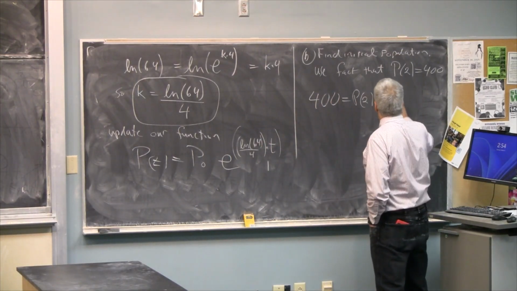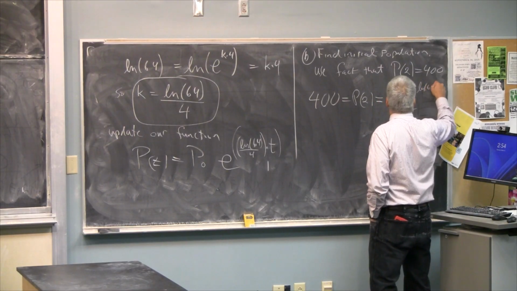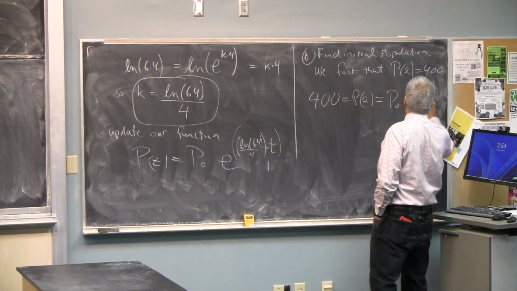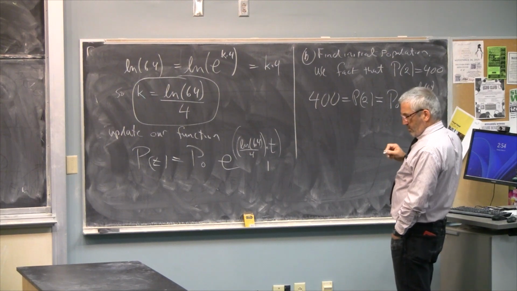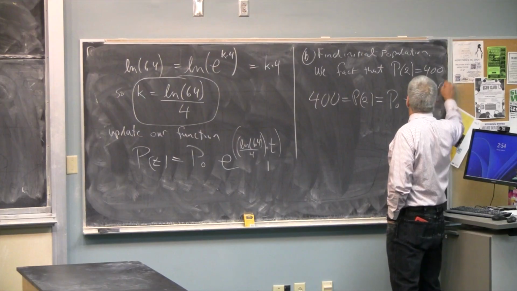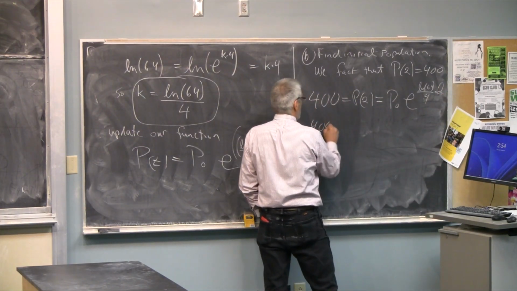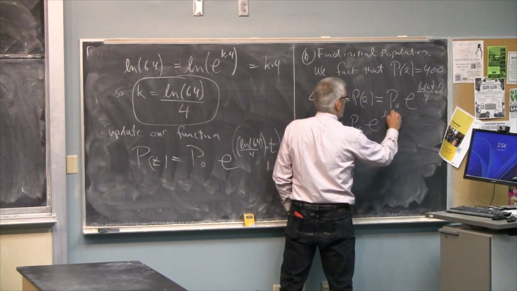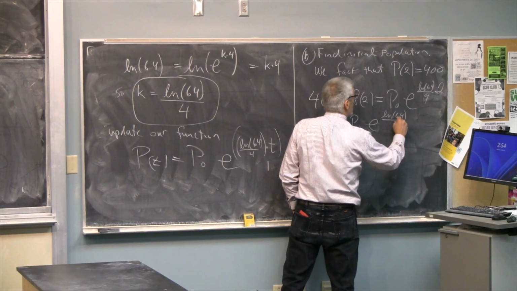That's p0 e to the ln 64 over 4, sorry, times t, which is 2. So 400 equals p0 e to the ln of 64 all over 2.